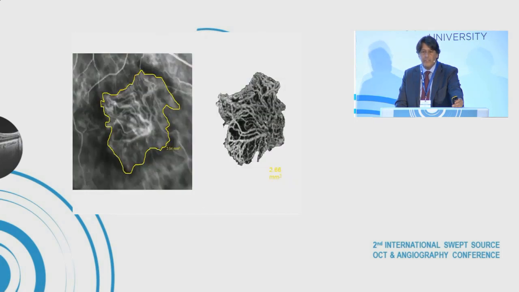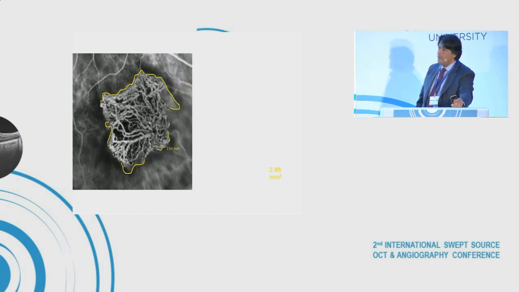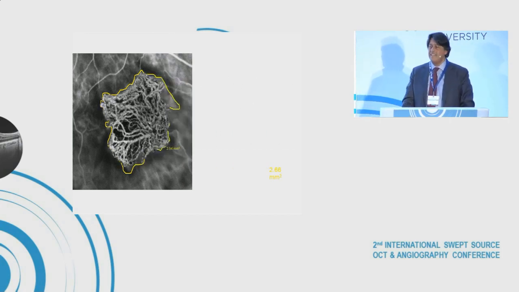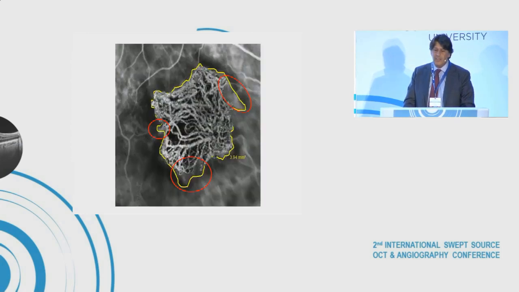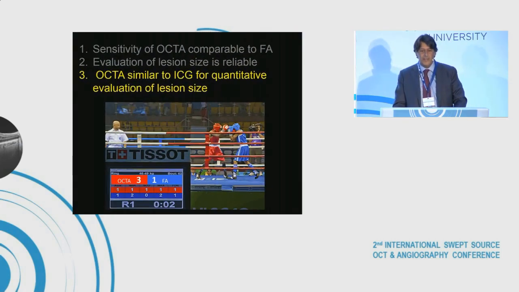There are sometimes some disagreements between both of them, but all in all, there is a very good correlation between the ICG and the OCTA. So yes, we can evaluate and quantify the size of the lesion, and it's similar to ICG.